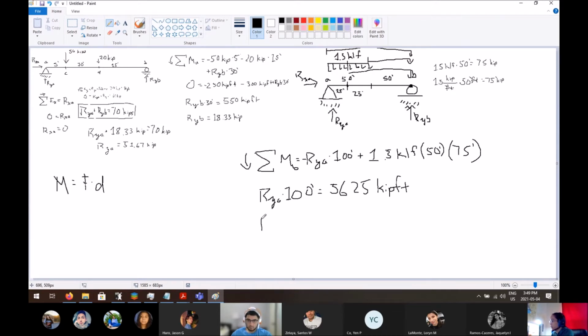And then you have RYA is equal to, let's divide that by 100, so you see how you're dividing by 100 feet. Kip times feet, you take away the feet, so you're just left with kips, and you're dividing by 100, so it'll be 56.25 kips.